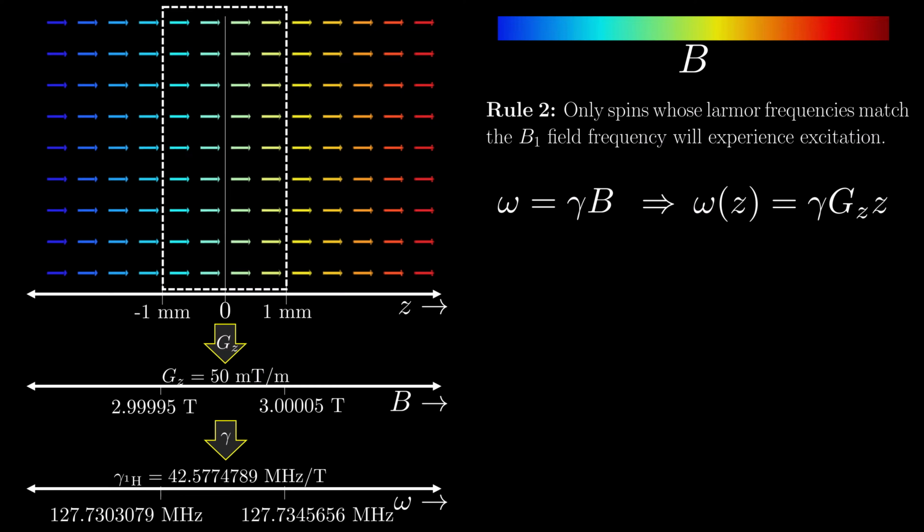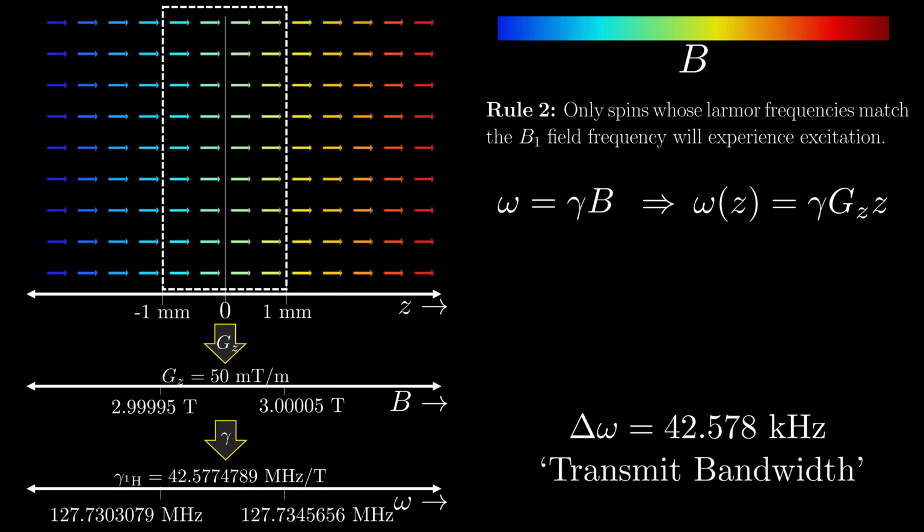So, we know that the 2 mm slice thickness corresponds to this band of frequencies delta omega equal to 42.578 kHz in this example. This is called the transmit bandwidth. Bottom line, the gradient connects physical locations in Z to specific frequencies omega. So by delivering a B1 pulse, which contains all the frequencies in the band, we excite all the spins in the slice and none outside of the slice.